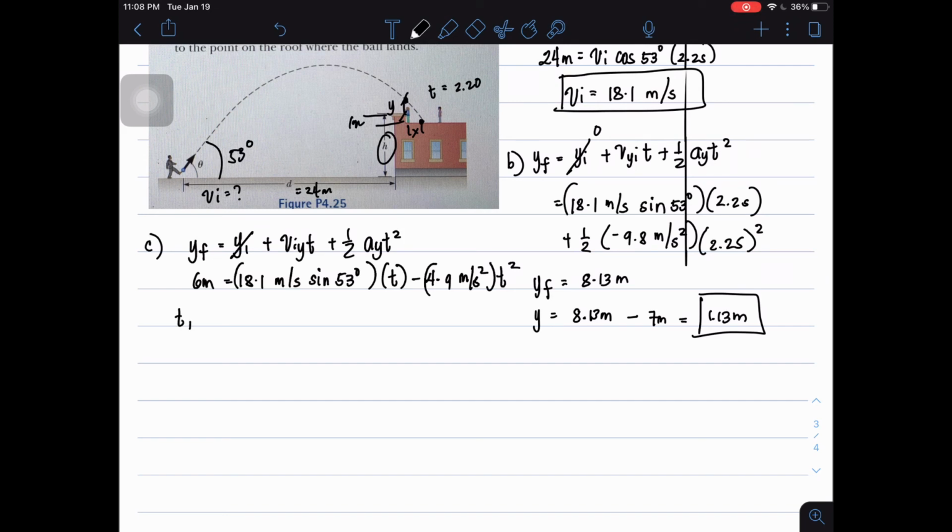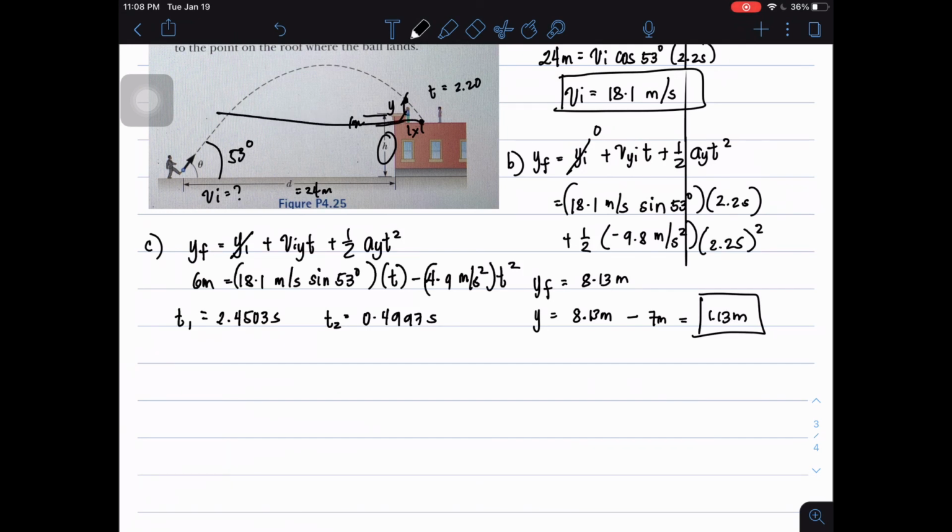Since it's a quadratic equation, we have two values for time, which are 2.45 seconds and 0.49, or 0.5, seconds.